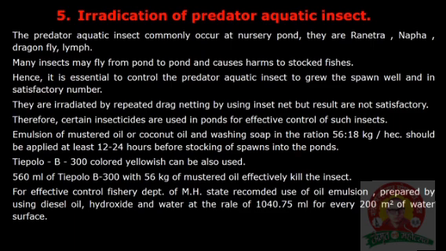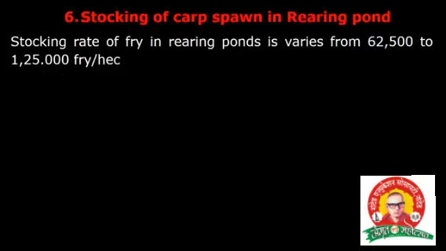Teepol can also be used. The Department of Fisheries of Maharashtra State recommends an emulsion prepared using diesel oil, soap and water. So you can control the insects by oil emulsion also.